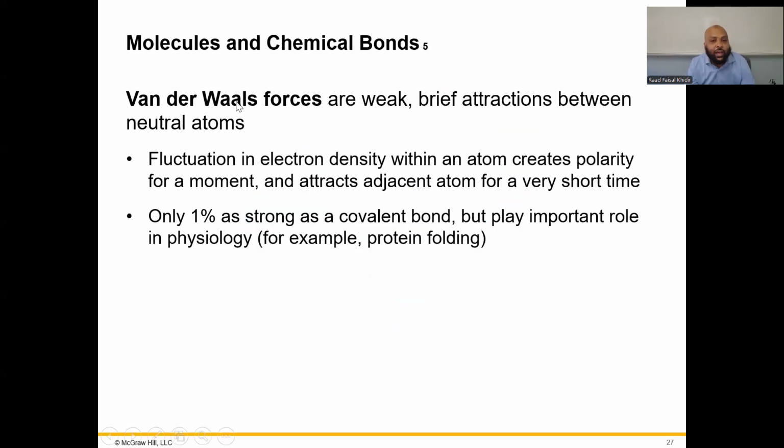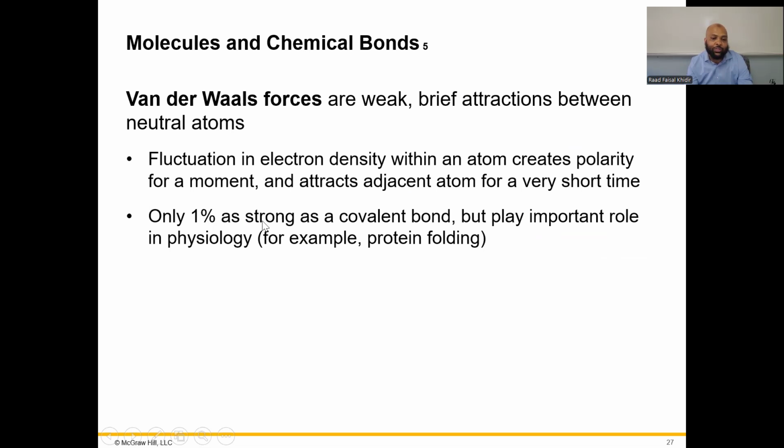Okay, there is another type of chemical bonding, and that is the van der Waals forces. The van der Waals forces are weak, and they are brief attractions that happen between the neutral atoms. Fluctuations in electron density within an atom create the polarity for a moment, and they attract adjacent atoms for a very short time.